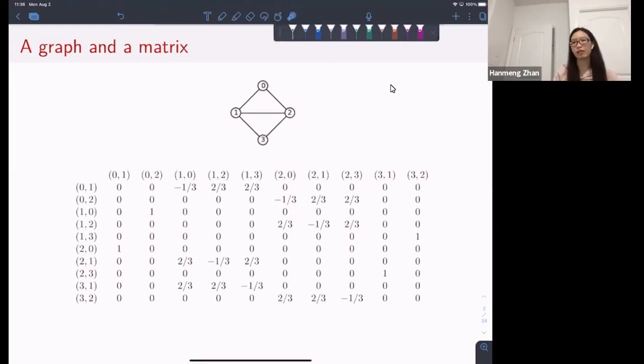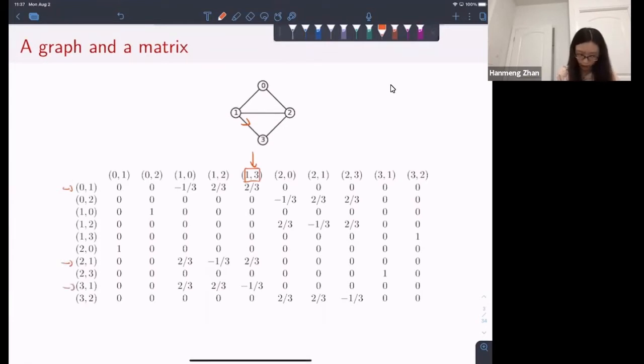What else can we say about this matrix? Now let's talk about which entry can appear in a particular row or column. So let me pick, let's say this one. Okay, this is a column indexed by an arc 1, 3. It's an outgoing arc of 1. Okay, so what about the rows that actually give you a non-zero entry? We have 0, 1 here. We have 2, 1, and we have 3, 1.